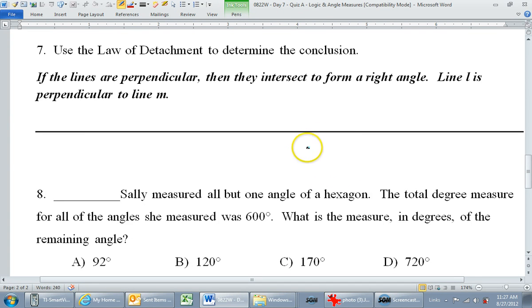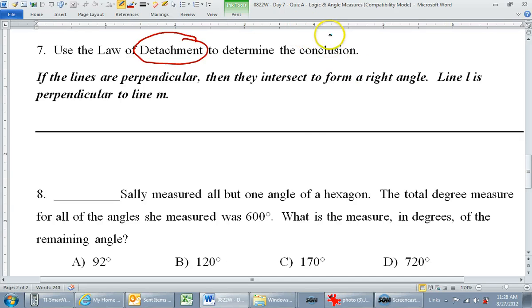Okay. Now number 7. There were some issues with number 7. When it comes time for detachment, one thing I tried to emphasize to you guys was, on the one hand, syllogism. The result of syllogism was a whole if-then statement. But when you do detachment, the result of a detachment is just a single conclusion. That's it. Remember, for syllogism, we did the A, B, C thing?